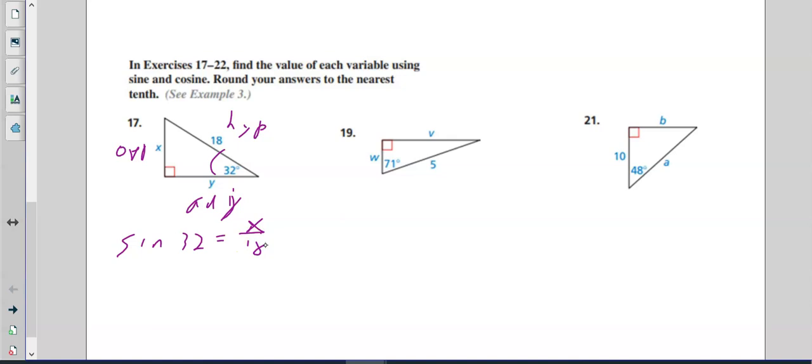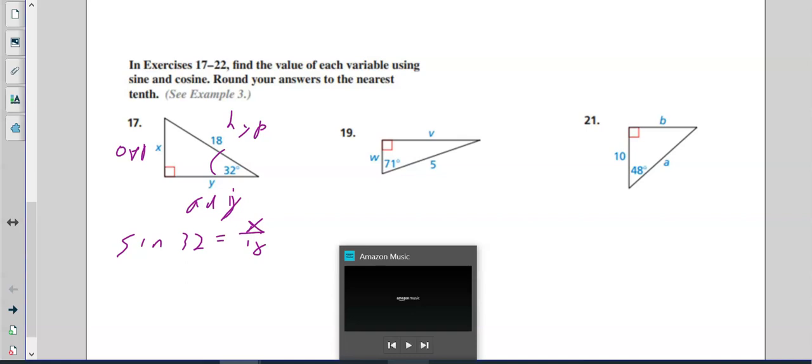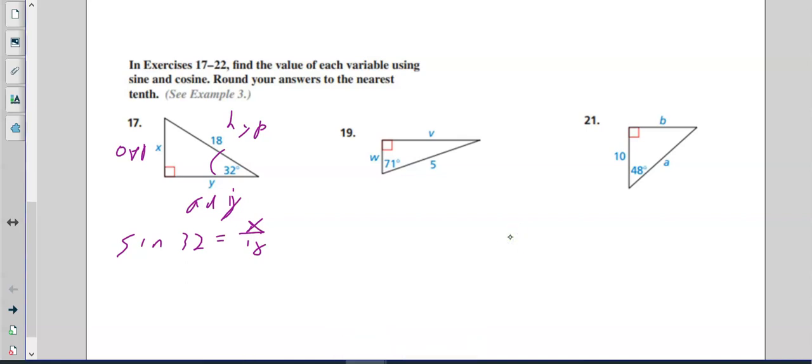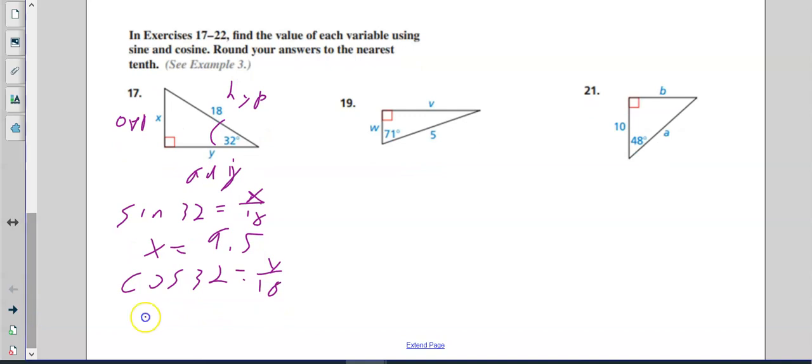So all we need to do is multiply both sides by 18 and get x is 9.5. The cosine of 32 will be the adjacent over 18. Again, we multiply both sides by 18, and we find out that y is 15.3.